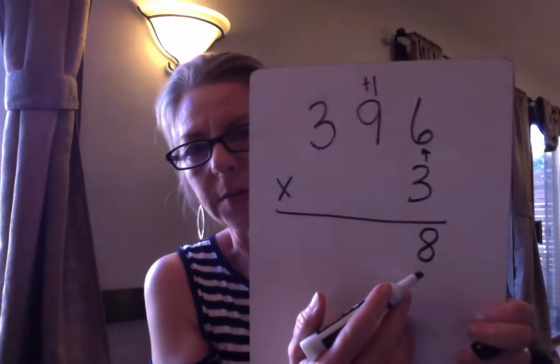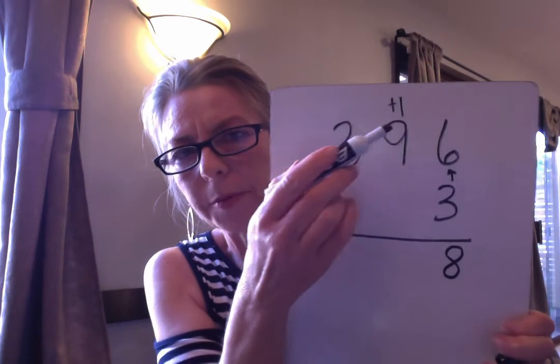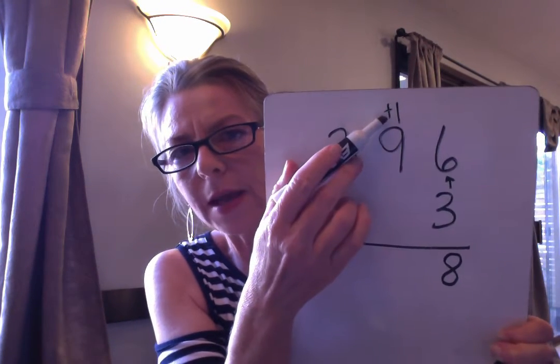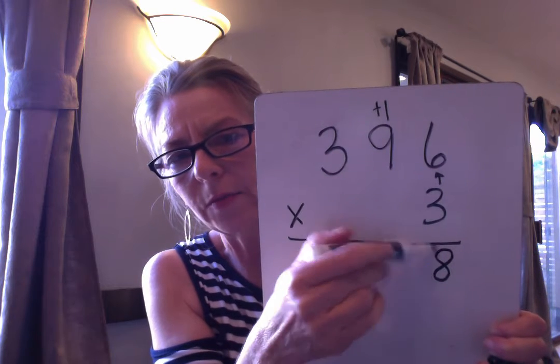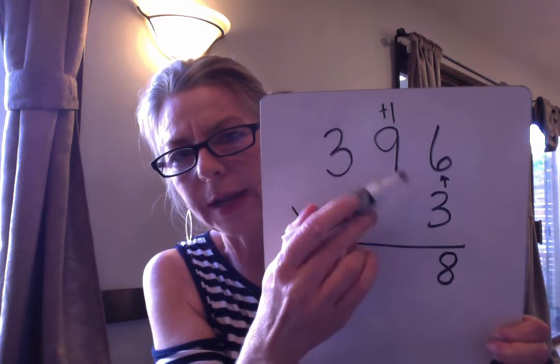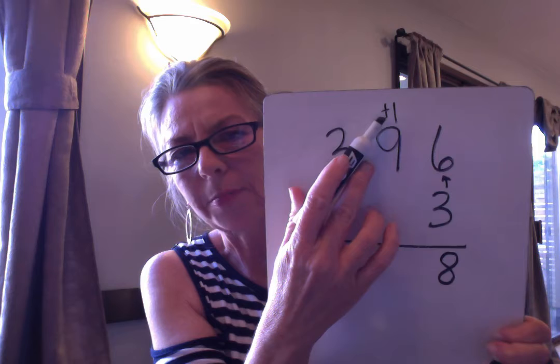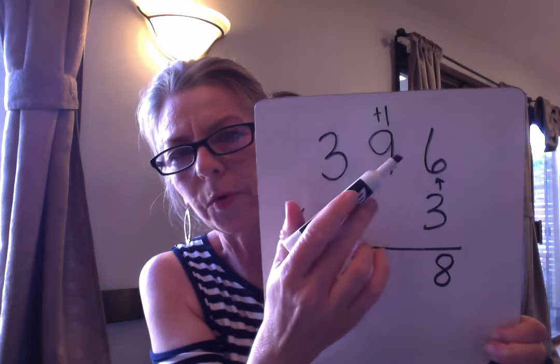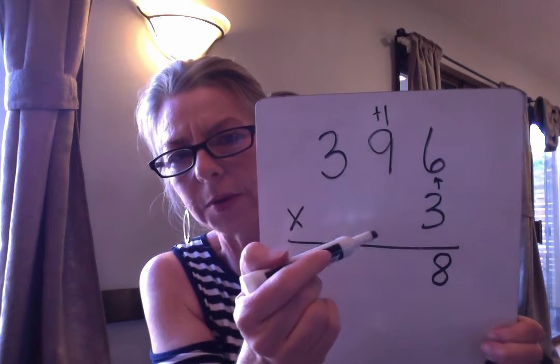Okay, so think about what 18 is. The 1 goes in the tens, and the 8 goes in the ones, right? And remember to put your plus 1 so you're not multiplying that 1 because we've already done it, it's part of this number 18, right? So we put a plus 1 up in our tens. We're going to add it after we multiply, right?